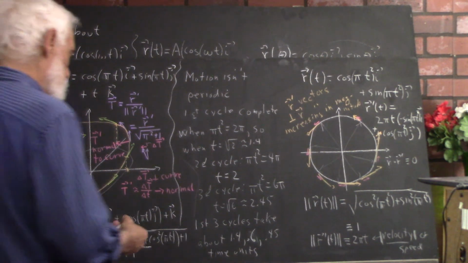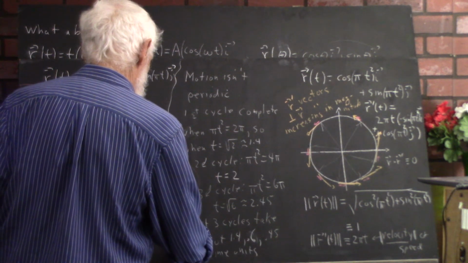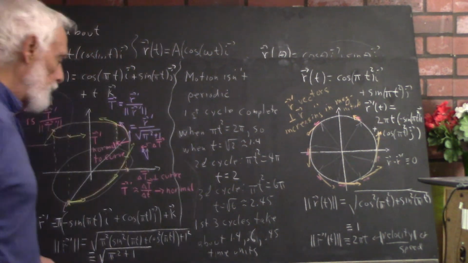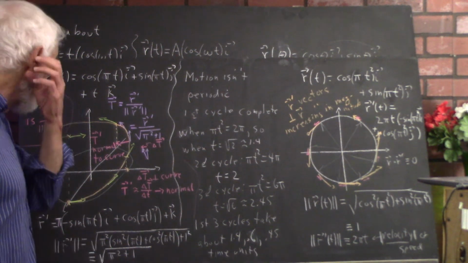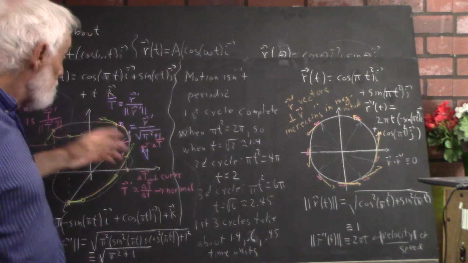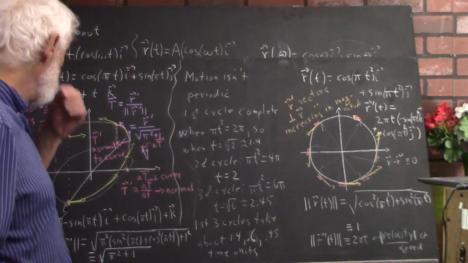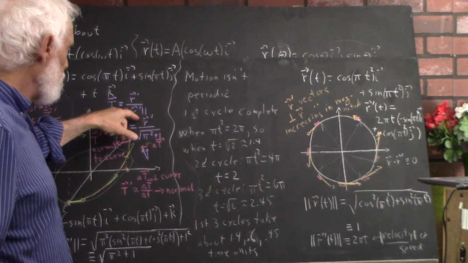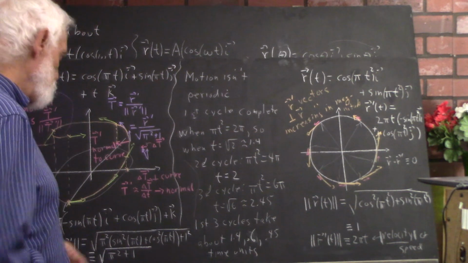And just to be consistent, maybe I should write that as 1 squared. Now that's a bad 2, so who knows how that's going to be read. But it comes out square root of pi squared plus 1. So for this particular curve, the magnitude of r prime is always the square root of pi squared plus 1. And the unit tangent vector is r prime divided by the square root of pi squared plus 1.